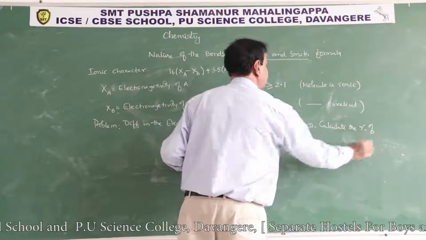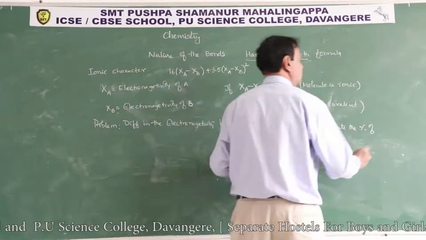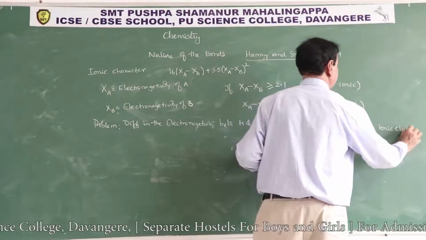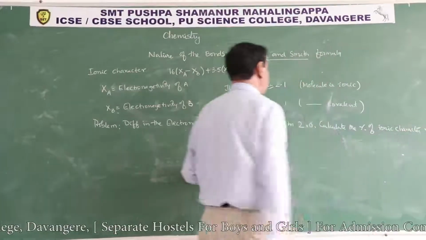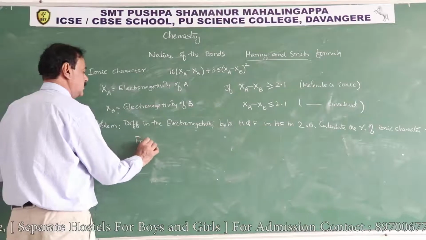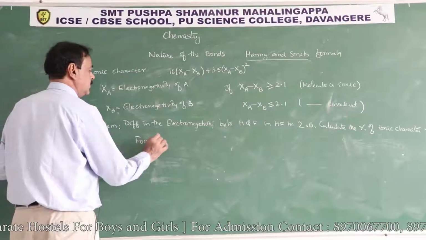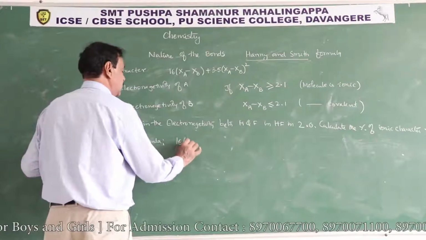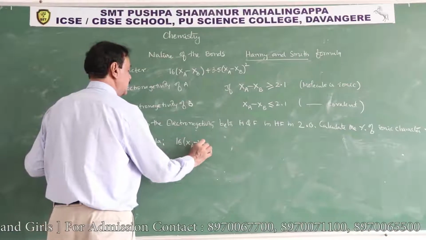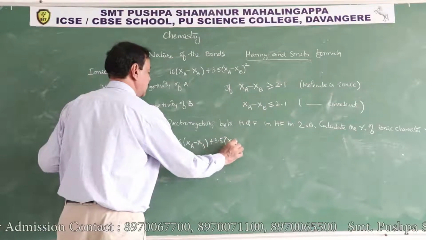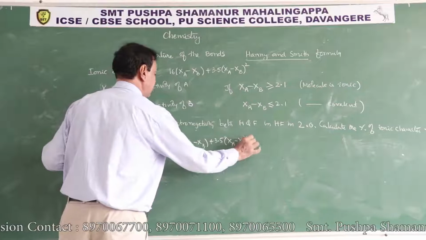You have to follow the formula: 16 into (Xa minus Xb) plus 3.5 into (Xa minus Xb) whole square.